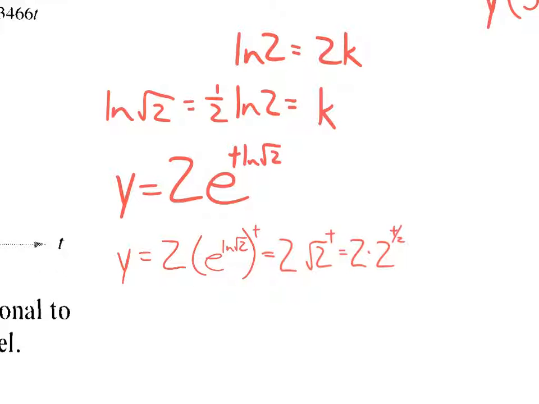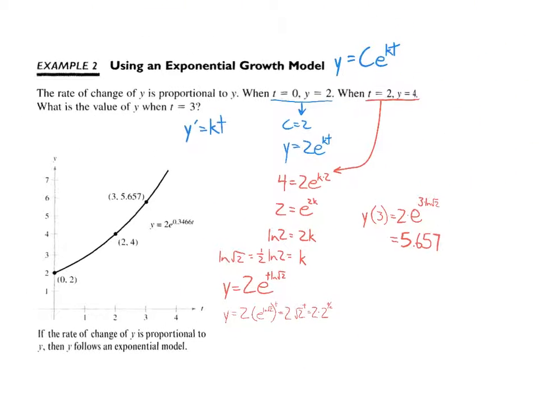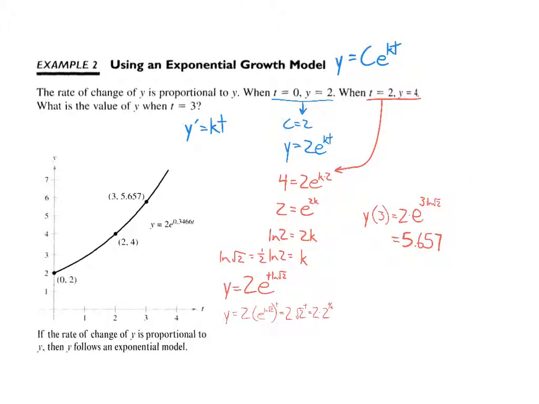Now that obviously does not have a base of e. But what we just showed is that any of these situations where we have a rate of change that's proportional to y, we can write it as a growth or decay function with a base of e. The k, or the rate, may not necessarily be as obvious, but it can be written that way.